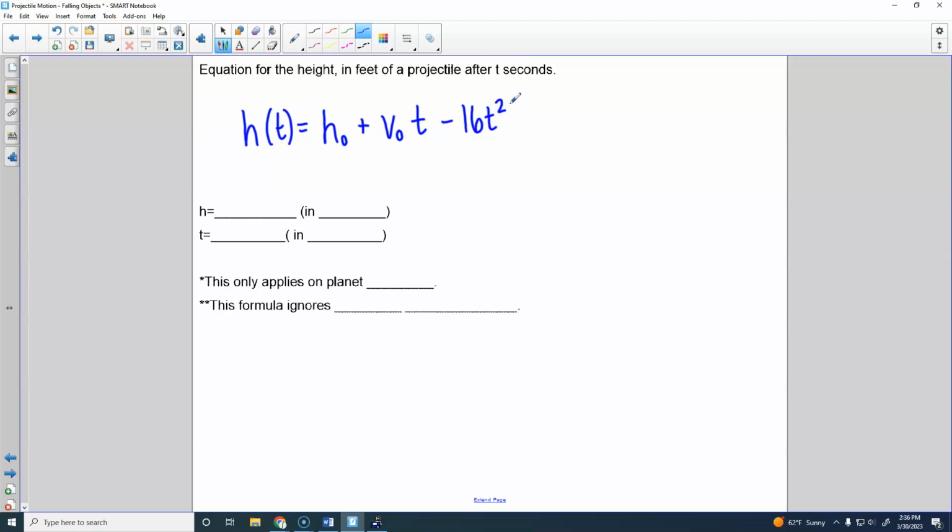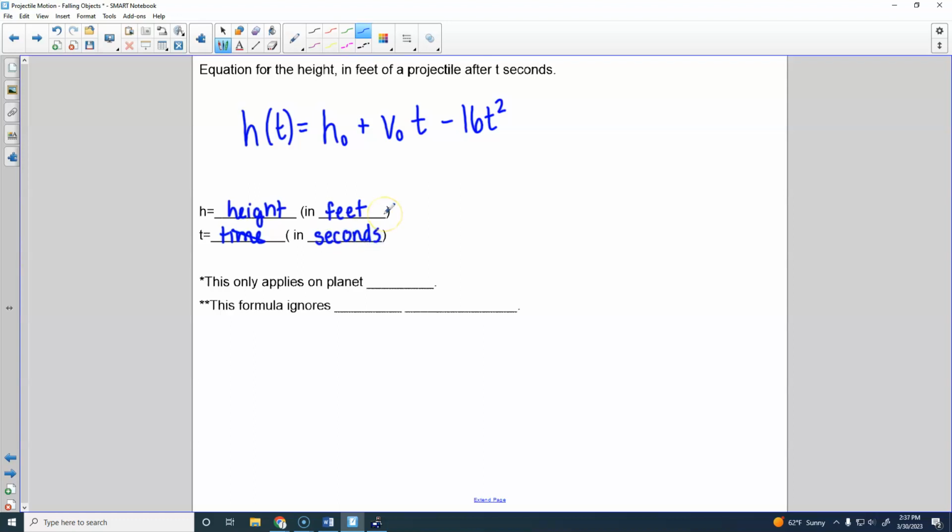All right, so we've got some of those weird variables right there. We are going to make sure we label everything so we know what we're talking about. First of all, H is going to be height, and t is time. Height in feet, and time is in seconds.